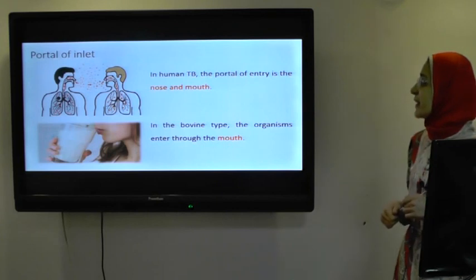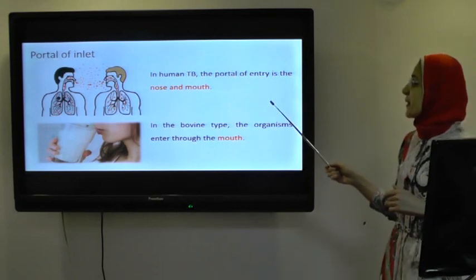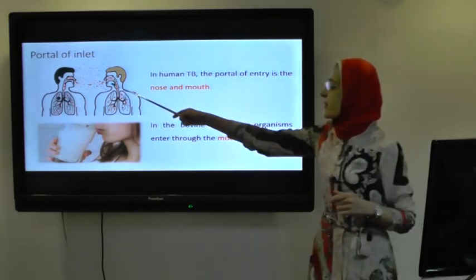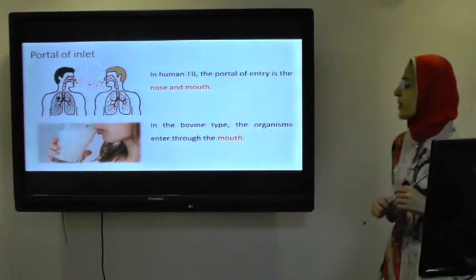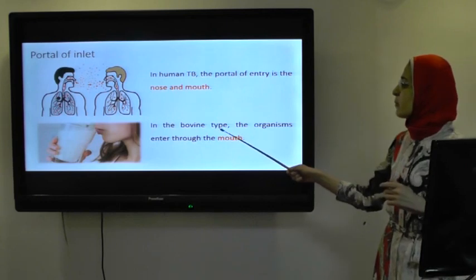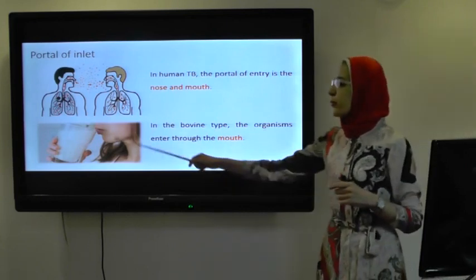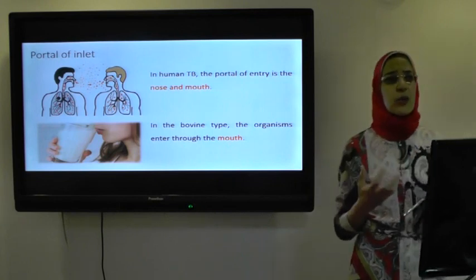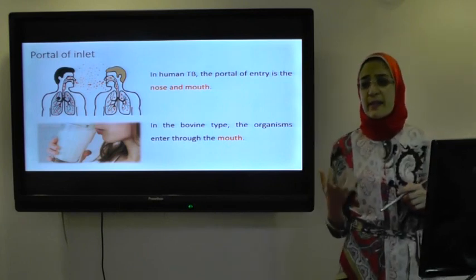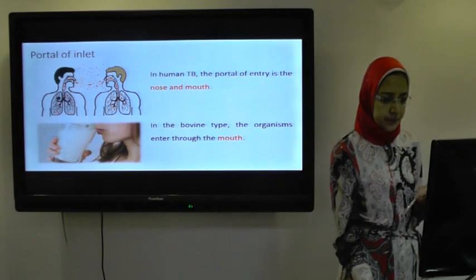The portal of inlet in the human TB is the nose and the mouth. This is the portal of inlet of the microorganism into the body. While in bovine TB, the organism enters through the mouth after ingestion of unpasteurized milk or dairy products from TB-infected cattle.